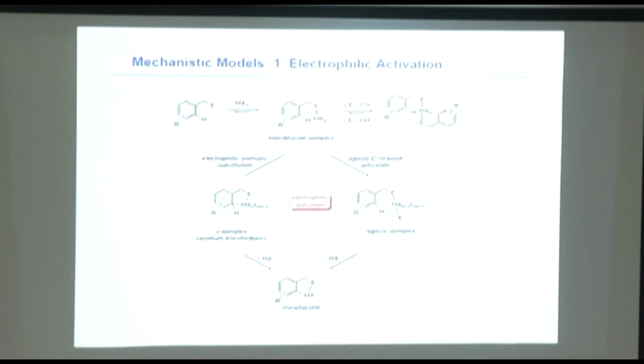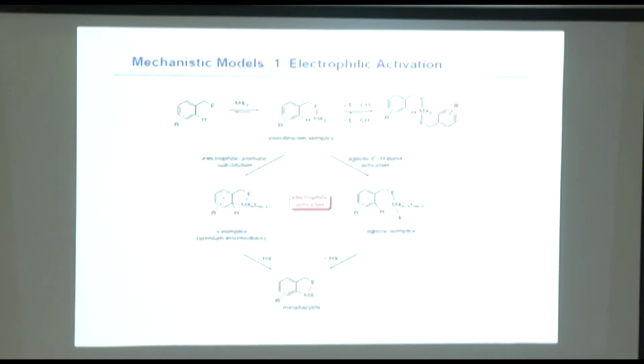One is the nature of the CH bond, and the other is the metal and its properties. One pathway is electrophilic activation, where the metal is the electrophile and the CH bond is electron rich. So we have here the Lewis acid, and the CH bond has the Lewis base inside, which makes the interaction.